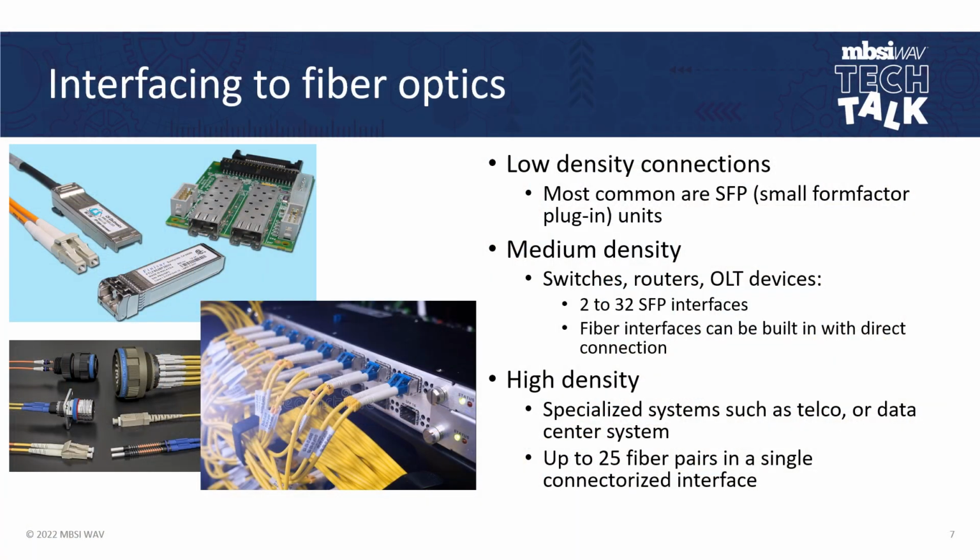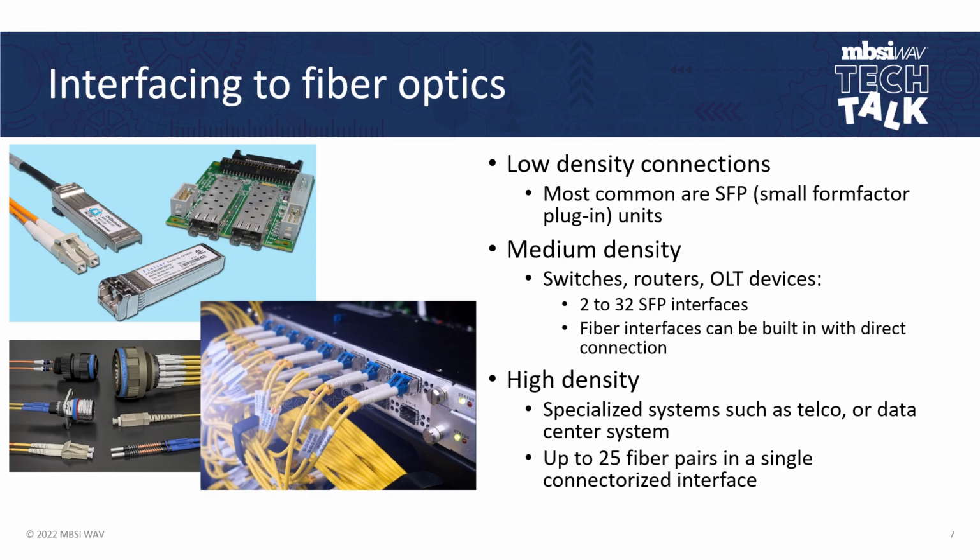So when we interface to fiber optics, the density, how many connections we actually need, can determine what we're going to use as the interface for the system. In most cases, we're talking about a pair of connectors. Maybe we're going to repeat it 8 times or 16 times or whatever it is. So on a switch, we might have anywhere from 2 to 32 SFP interfaces.